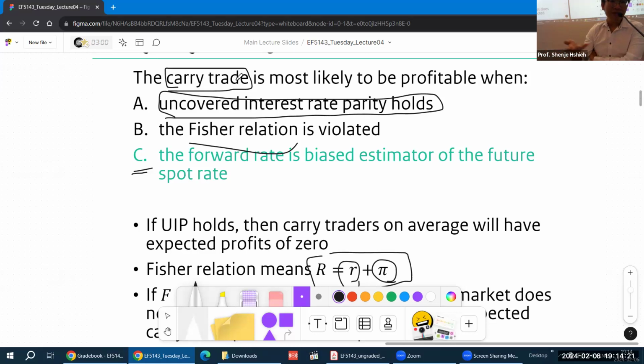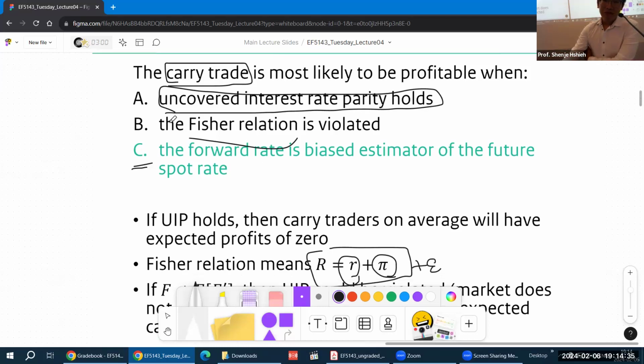So Fisher being violated just means that maybe there's an extra term, which doesn't mean anything, just some residual that's not accounted for by R and pi. So this is not a good answer, but some people might think it's worthy of a candidate. Let's read C.